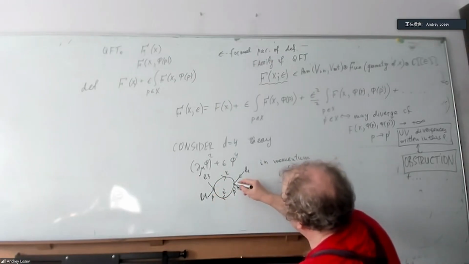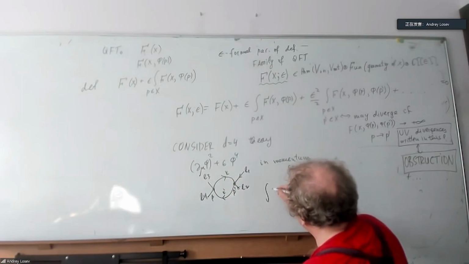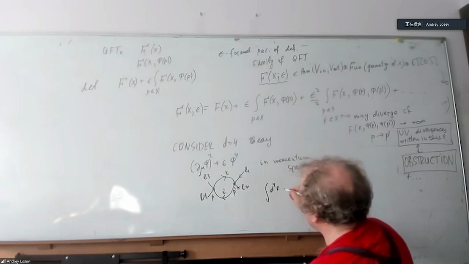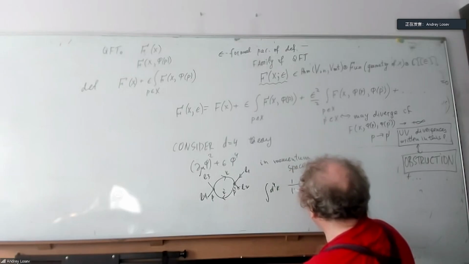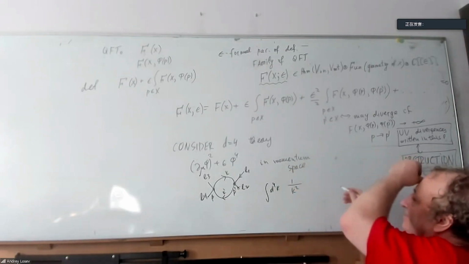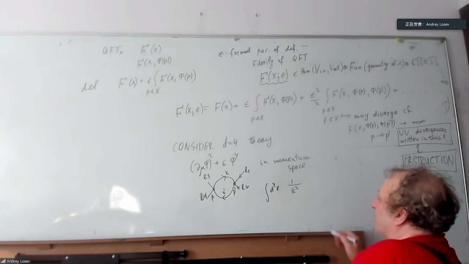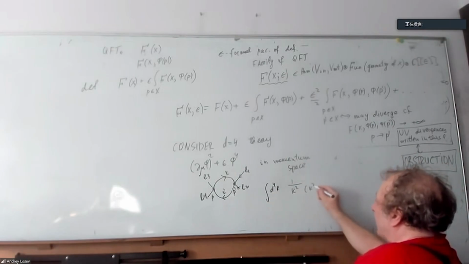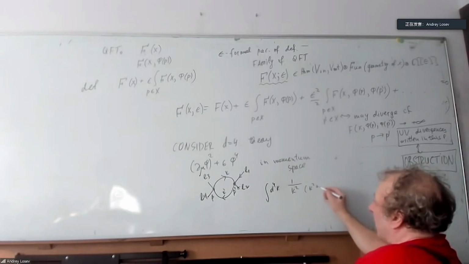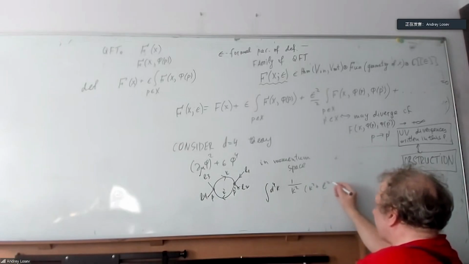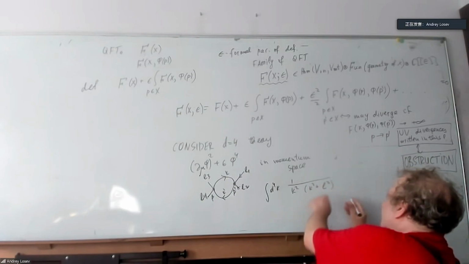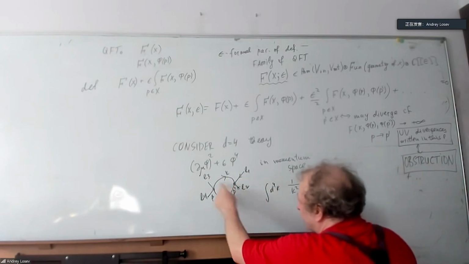Mostly, I'm interested in the integral over d4K, 1 over K squared, and here I have K squared plus or minus some L squared. So this L comes because of external lines.